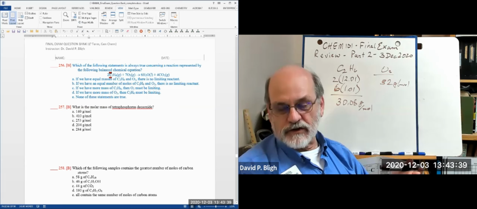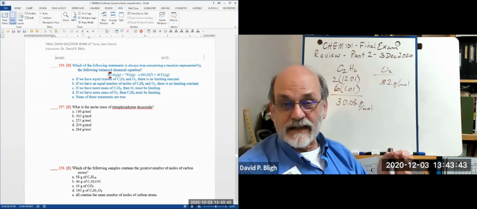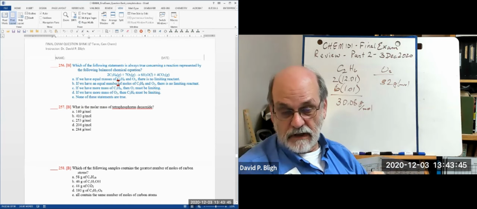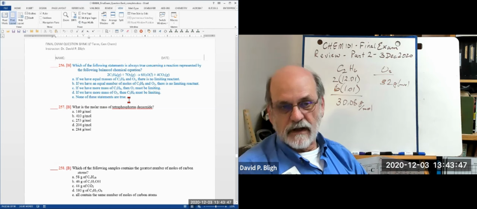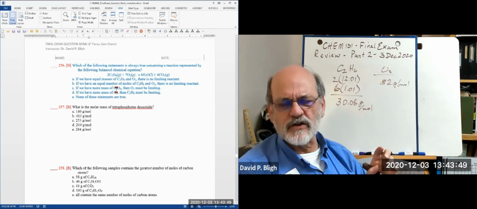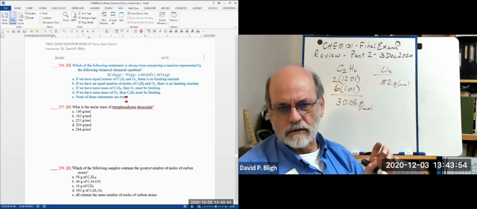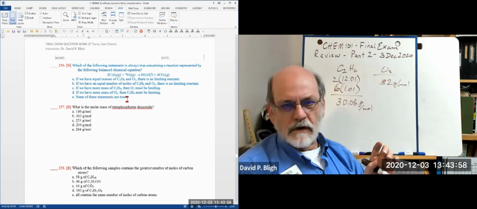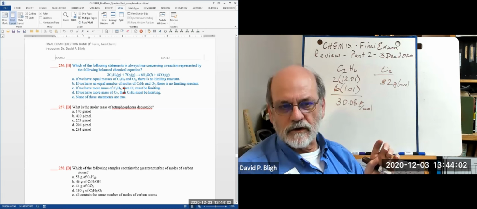It doesn't say how much. If we have a little bit more mass, then no, if we have more mass of C2H6 than O2, that still doesn't give us an answer. If we have more mass of O2 than C2H6, then C2H6 must be limiting.